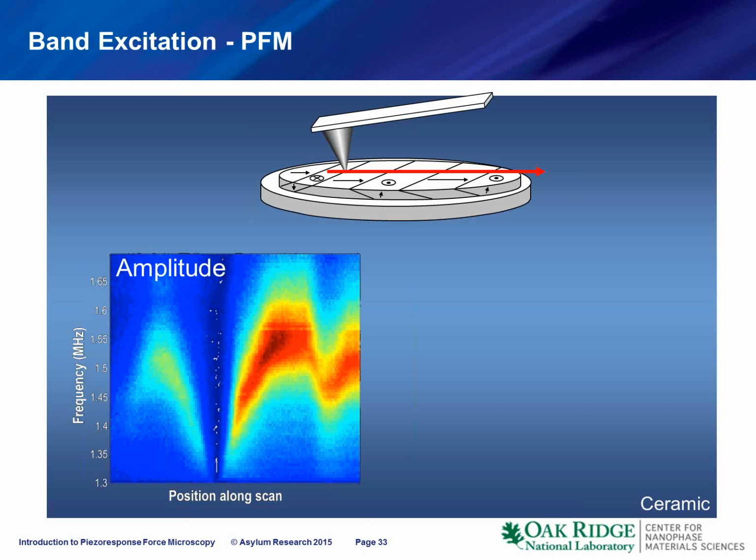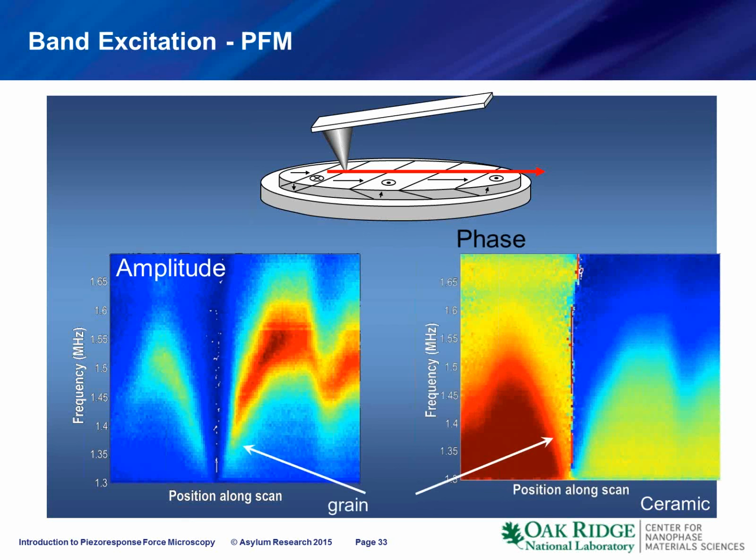So imagine that we were scanning the surface at just one frequency. We would have a very strong variation of the response, which has nothing to do whatsoever with electromechanical activity. It would be simply due to the variation in the local resonant frequency. As it is now, we can use the mathematical fit in order to see how the resonant frequency changes across the surface, and the loss of these response curves.